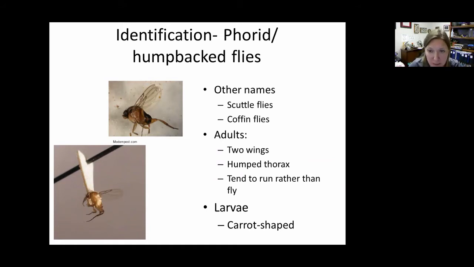So again, two wings, these are flies. They have that really humped thorax, and, as I said, they tend to run around rather than fly. Larvae here are going to be carrot-shaped, and usually in some moist organic source.